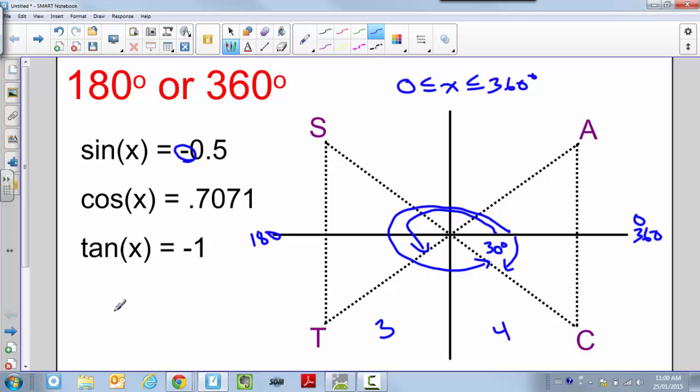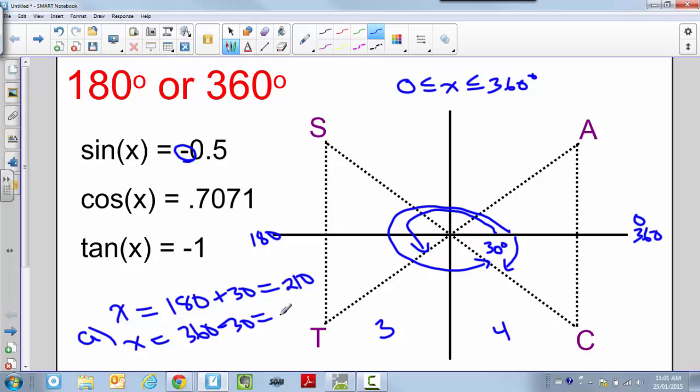So one of the possibilities for x is that it goes past the 180 degree line another 30 degrees. And in the second case, I didn't quite make it all the way back to the 360, so I have to back up 30 degrees. So 360 minus the 30 gets me a second angle of 330.